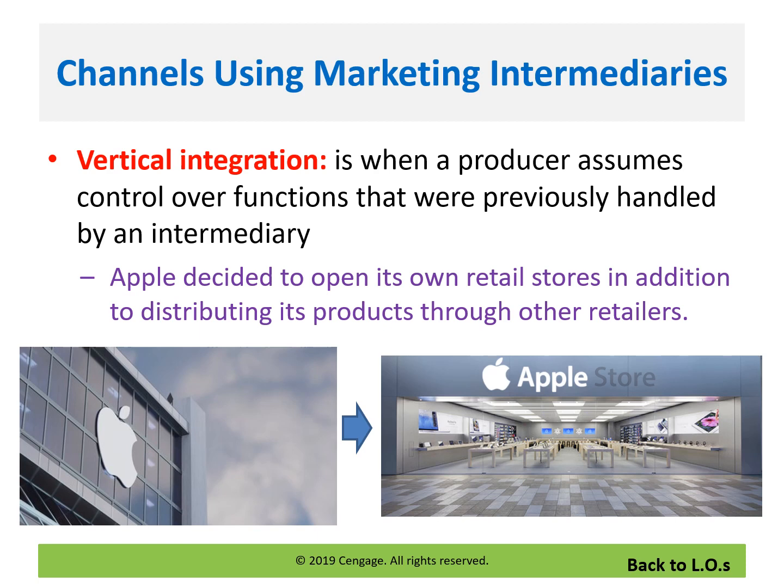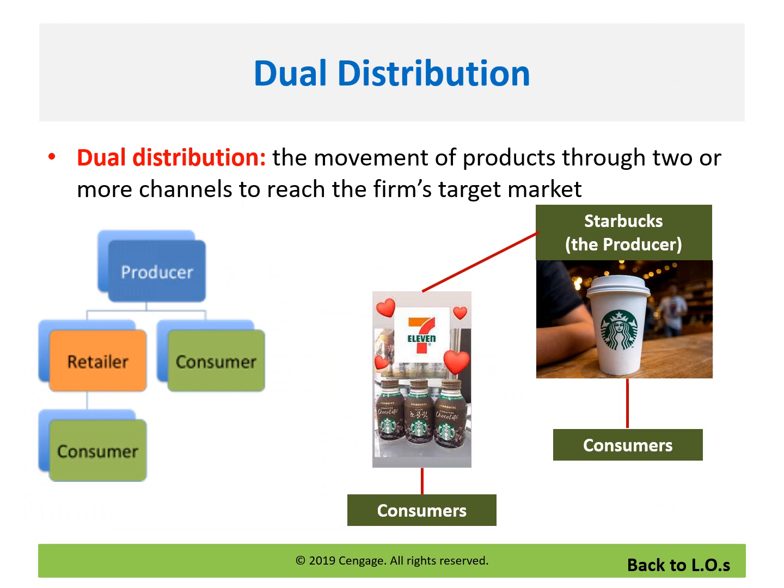Vertical integration is the term used when a producer assumes control over functions that were previously handled by an intermediary. For example, Apple, which is a producer, decided to open its own retail stores in addition to distributing its products through other retailers. Dual distribution is the movement of products through two or more channels to reach the firm's target market.